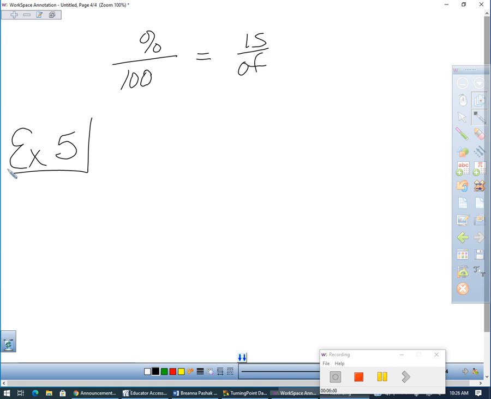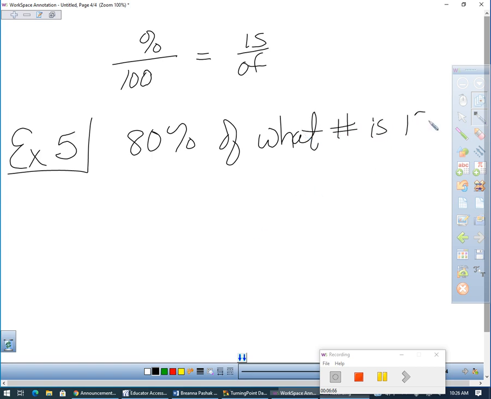Example number 5. In example number 5, let's say we have 80% of what number is 12? All right, so again, percent over 100, or 80 over 100 equals is 12, of is our x.